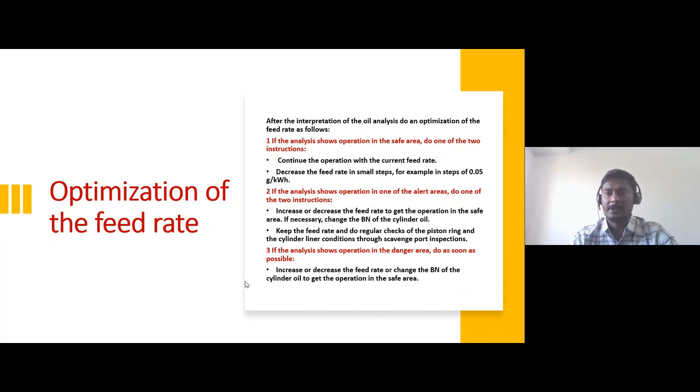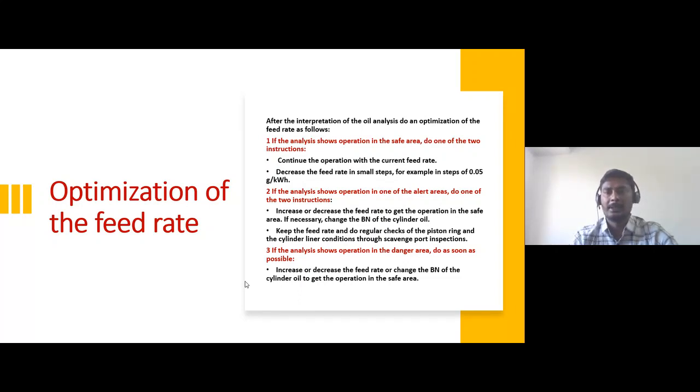If the analysis shows the operation is in the danger area, you increase or decrease the feed rate, or change the BN of the cylinder lubricant. Sometimes if you put the feed rate 1.5 above, there are so many calcium deposits between the cylinder and piston rings.